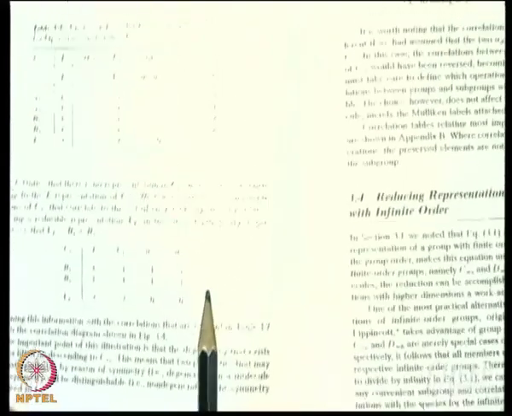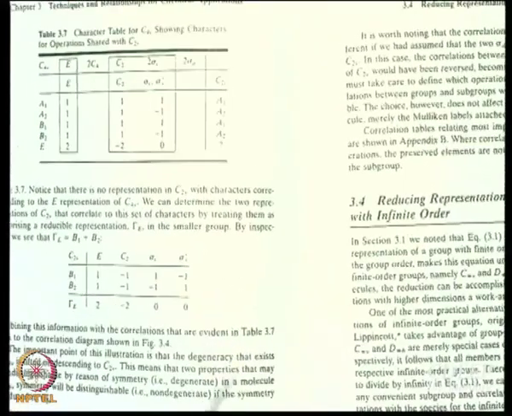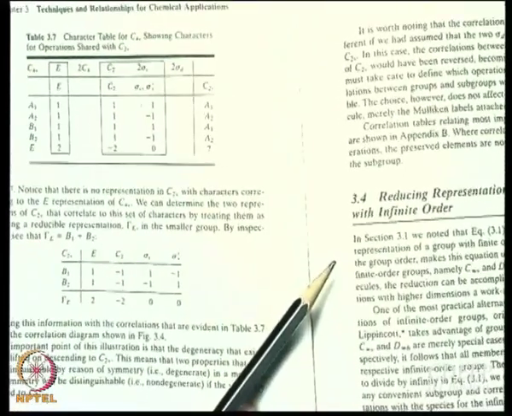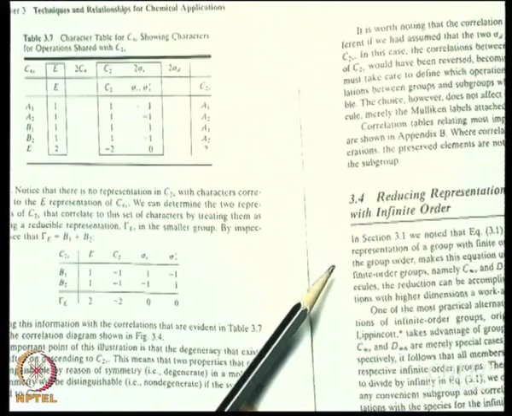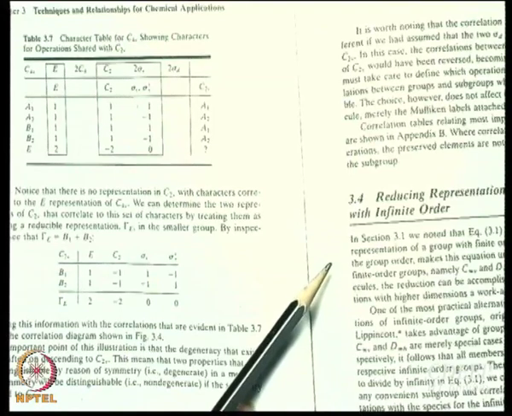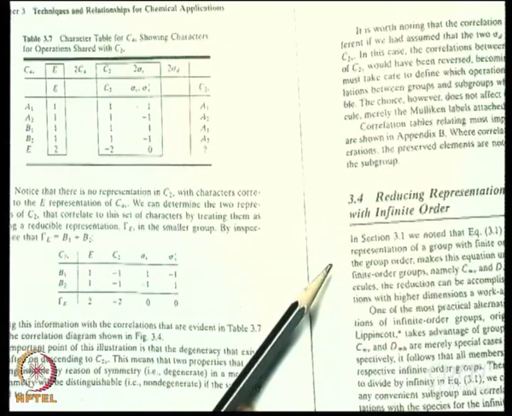Here, however, we got a problem, because C2V famously does not have more than one-dimensional representations, right? So now what is bound to happen is that this E group is going to split. That is what is shown here.